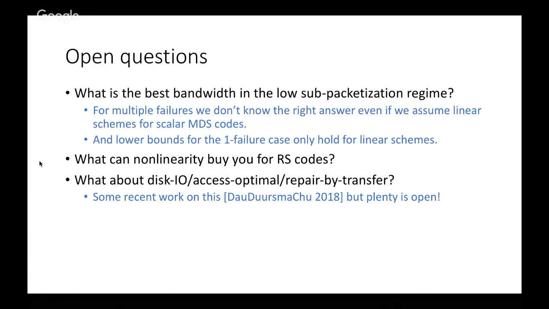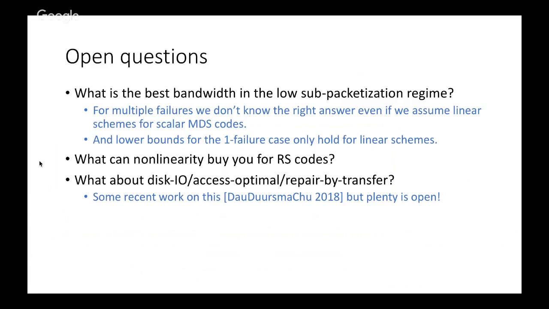This is pretty efficient, since linear operations are efficient, but they still need to contact a constant fraction of the bits on every single node. You might try to minimize the amount of disk access done on the nodes' part. There's been some recent work on this by Dau et al. in the context of Reed-Solomon codes, but there's tons that's open in this area.